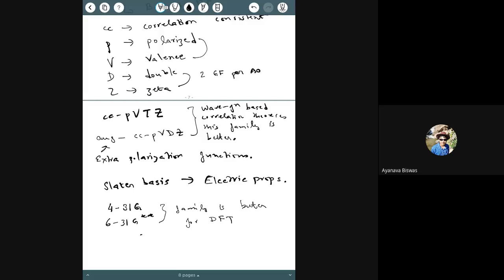So that brings us to the close of Hartree-Fock theory. You can read the chapter in Szabo, of course. It's a very, very big chapter. But you can just focus on what was taught in class. But it would be good if you go through it at least once, especially since they have done a proper numerical example for, I think, HeH plus, a full calculation about what the numbers will turn out.